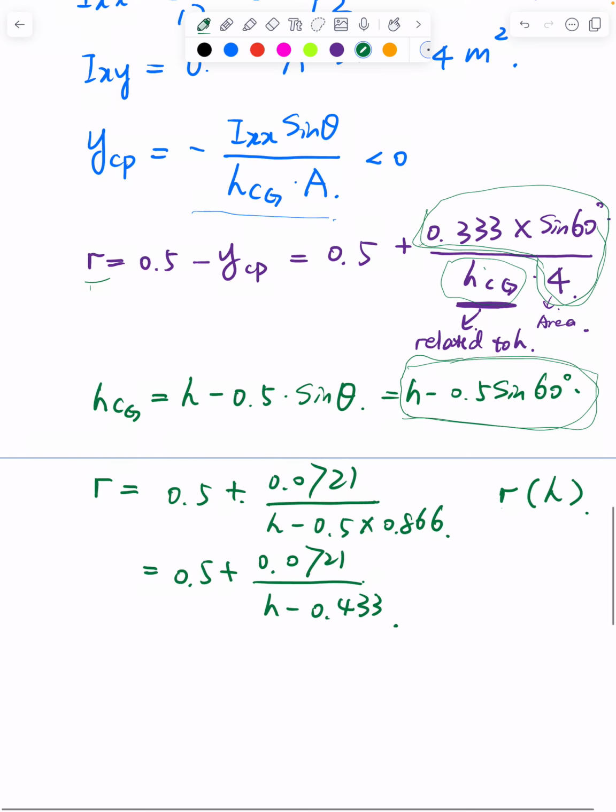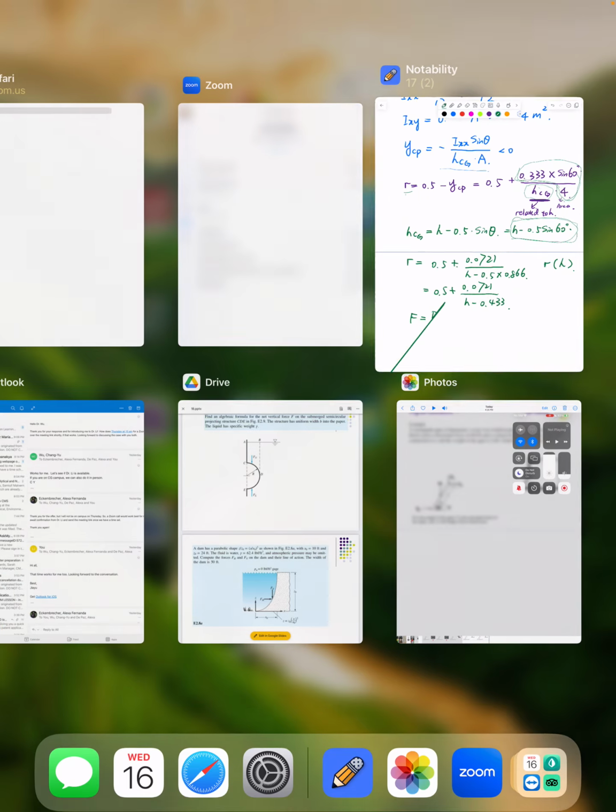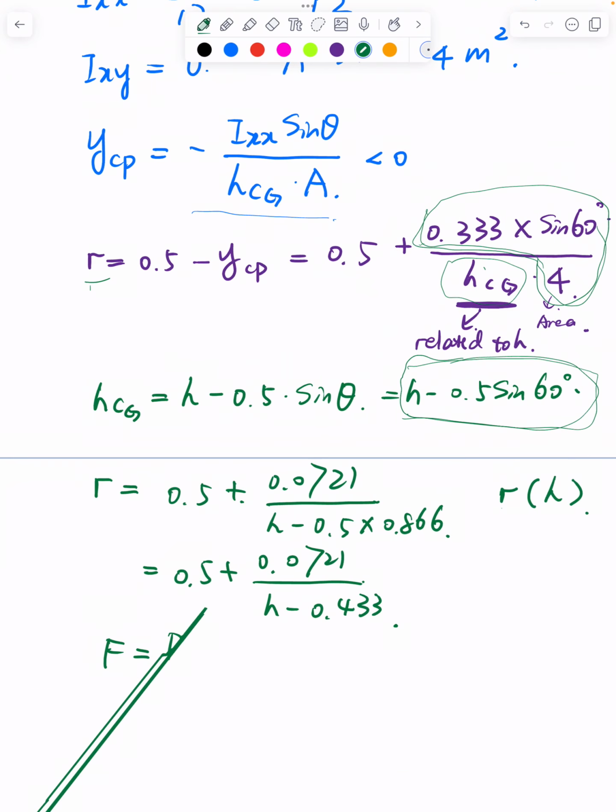Then we have our F, we said at the very beginning, it equals PCG multiplied by A. It equals rho g HCG multiplied by A, right?